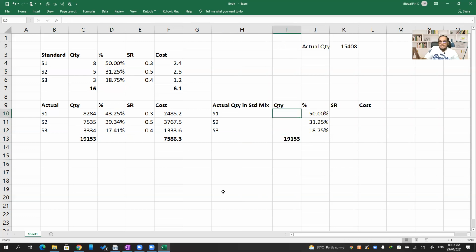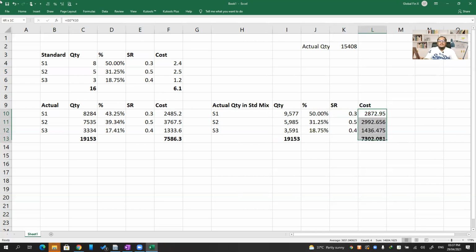That is 19,153 into 50 percent, 19,153 into 31.25%, 19,153 into 18.75%. So these are the materials which I should have used. And what is the standard rate? We already know the standard rate, so I'm going to copy that here. Now what is the cost?